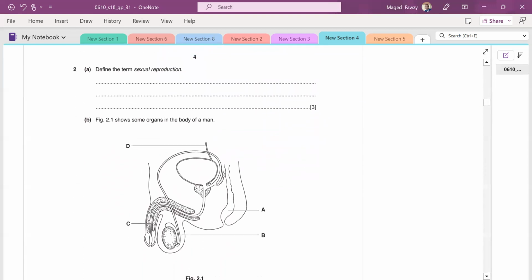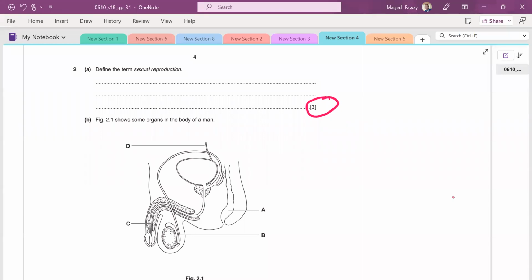Question 2, define the term sexual reproduction. And please focus, this is a 3 marks question, so you should write 3 different points in your definition. Can any one of you say what's in your mind, even if you can't take the 3 marks? Just let me know what's in your mind about sexual reproduction.